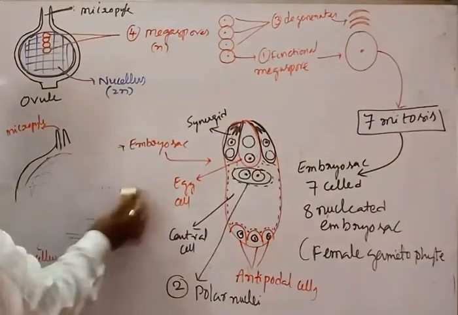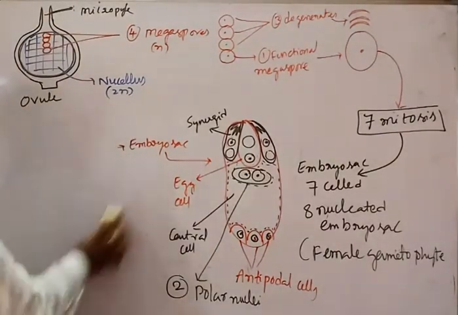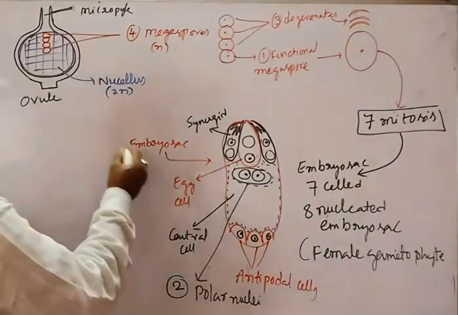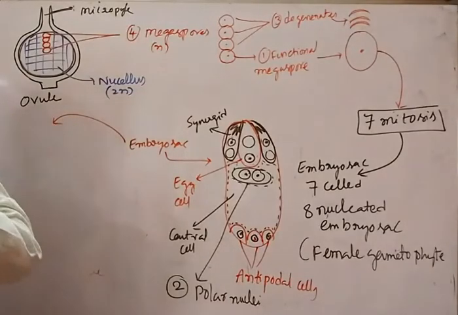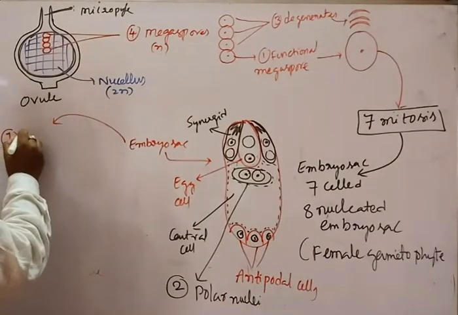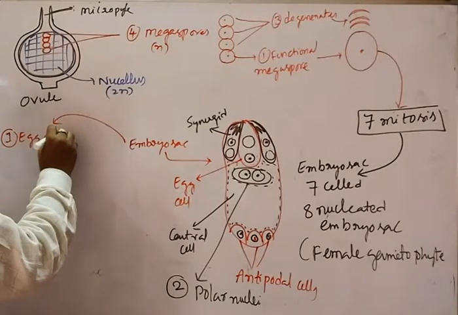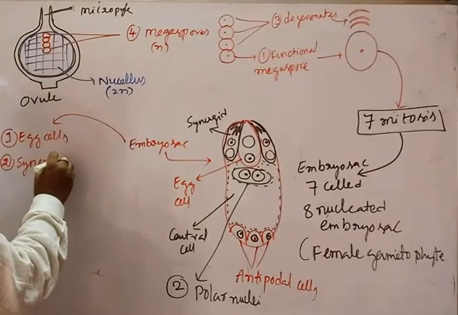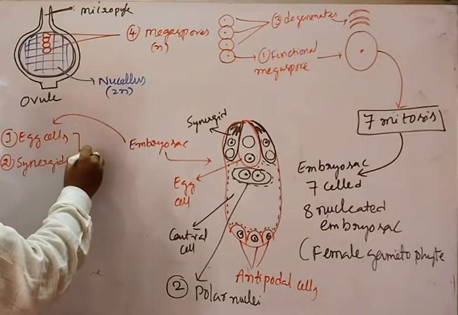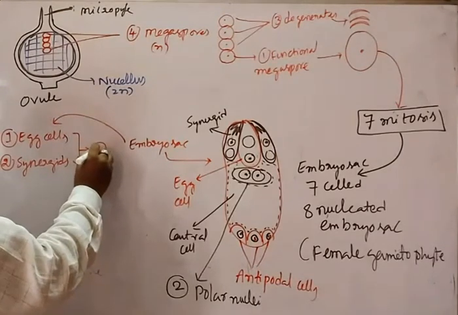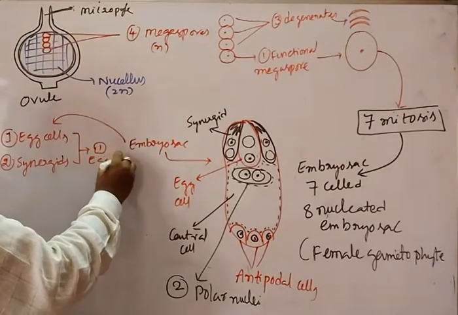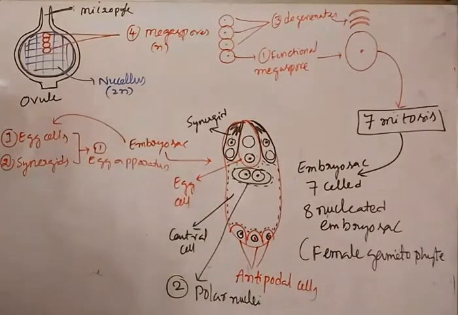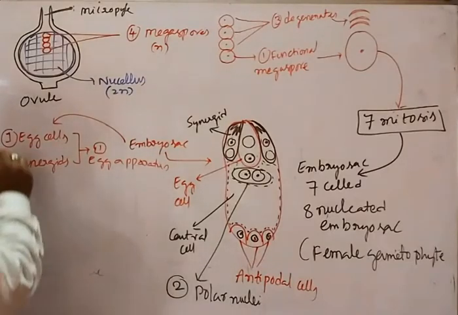Embryo sac. Just write this down. Embryo sac consists of 1 egg cell, 2 synergids. Together these are called 1 egg apparatus, total 3 cells.